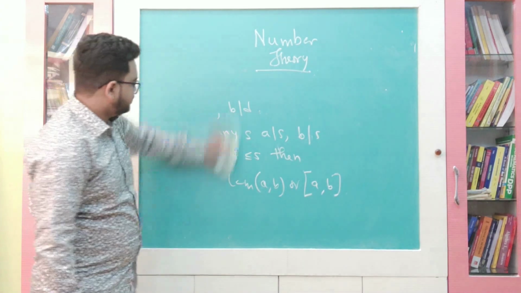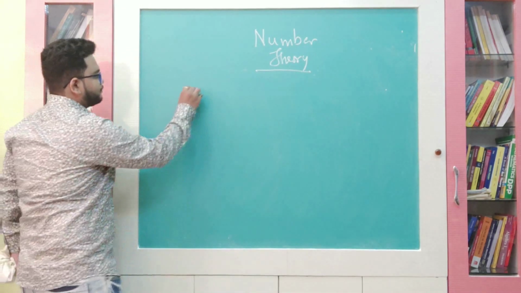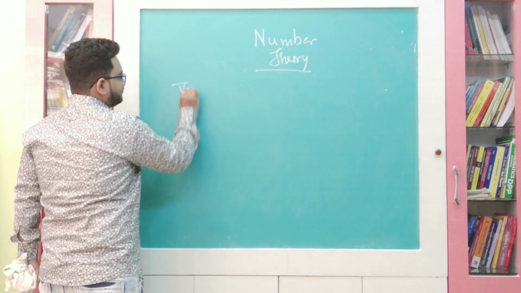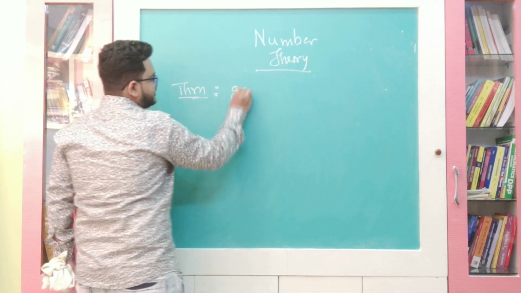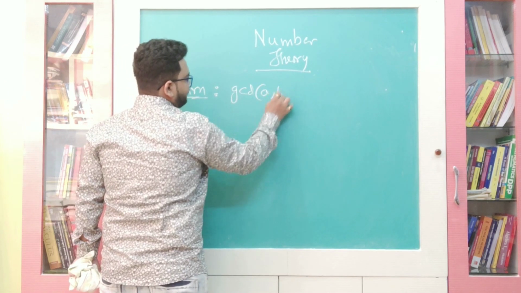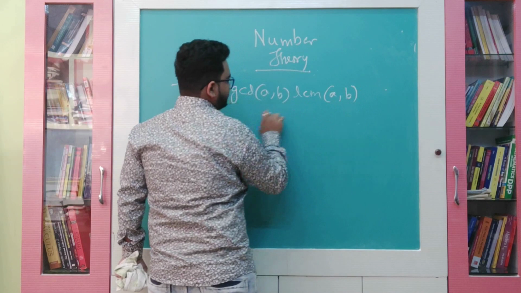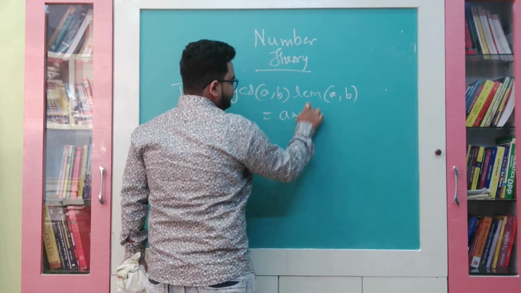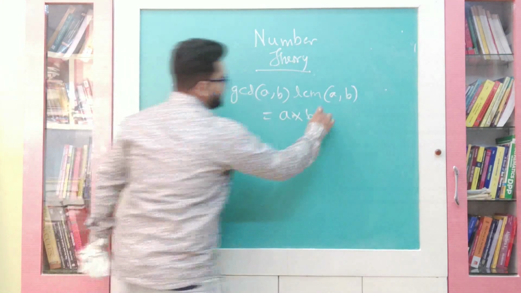Now, an important theorem. The theorem says GCD of A, B times LCM of A, B is actually the product A into B, or simply AB.